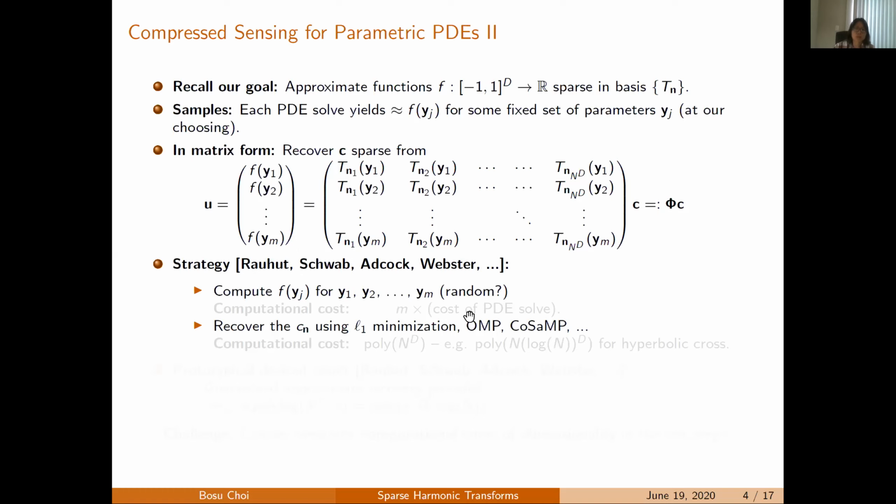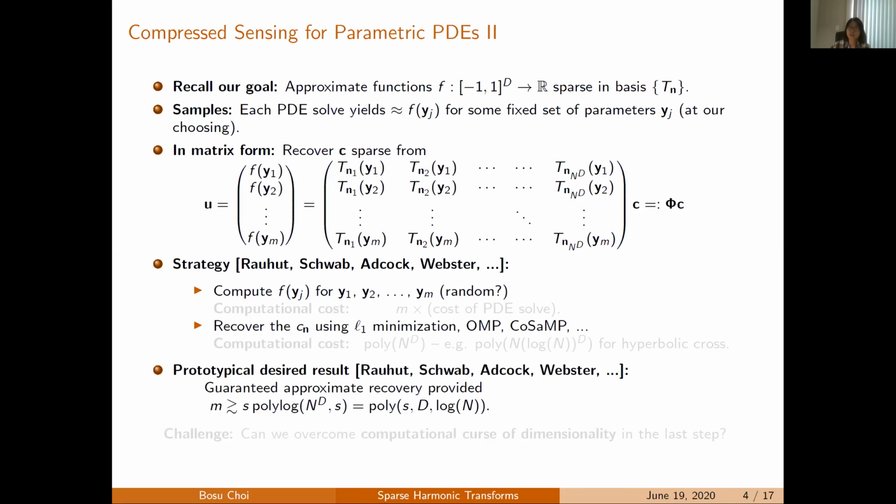We get these function evaluations, and then we solve this sparse problem to find the non-zero entries of c by using L1 minimization, OMP, CoSaMP algorithms, etc. Compressive sensing guarantees that if the number of samples is s times polylog in n^d and s, then we can get a pretty good approximation of this coefficient vector c.